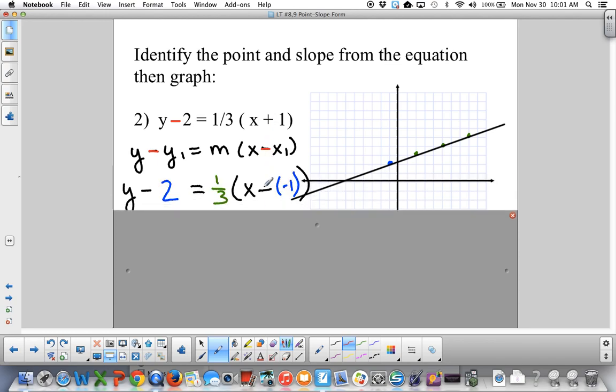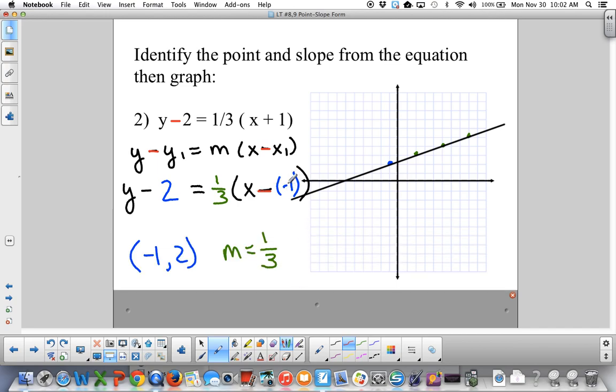So I have to rewrite this one as negative 1 or minus negative 1. So over here I have y minus 2 equals, my slope is obviously 1/3, times x minus negative 1. So that tells me that my point is negative 1, 2, and my slope is 1/3.